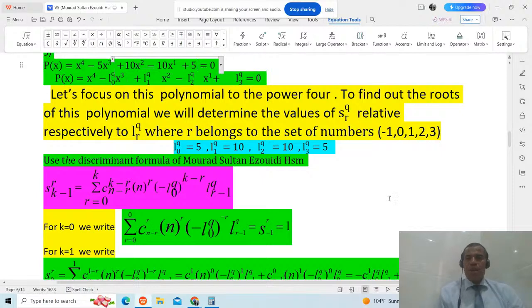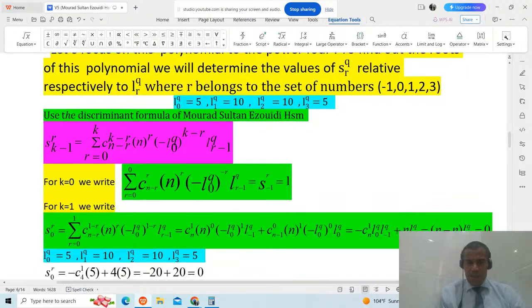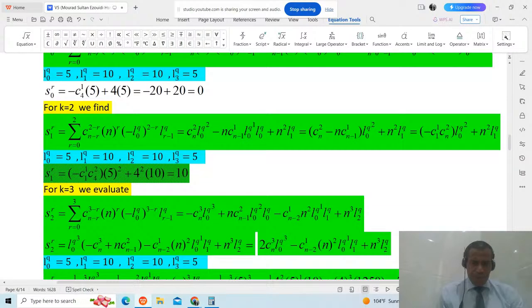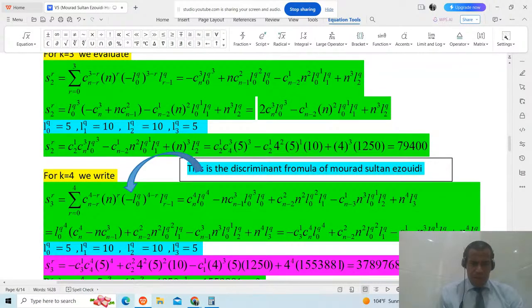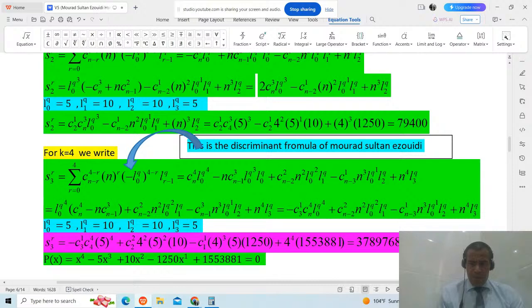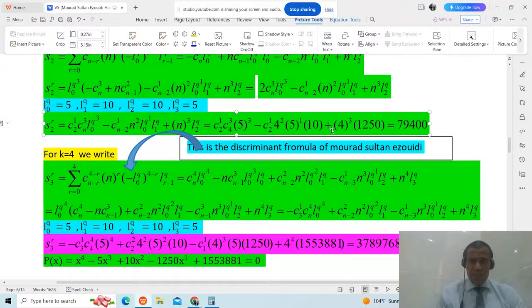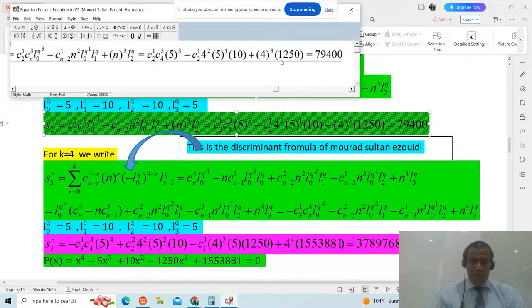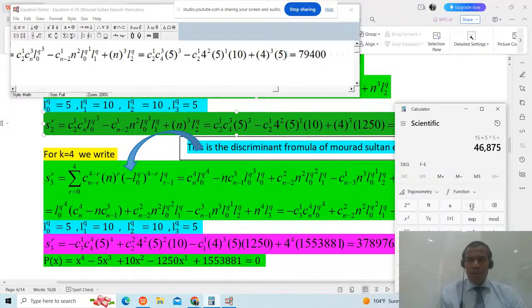I wrote it. Now I should calculate and check S1, S2. S1 will change. We should change this. This is 5. Okay, 10. Now I will use my calculator. I will calculate this.